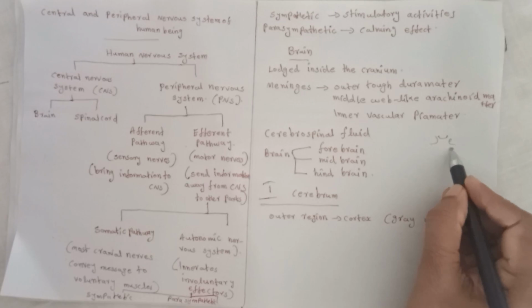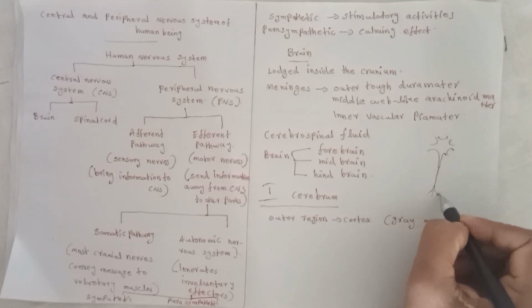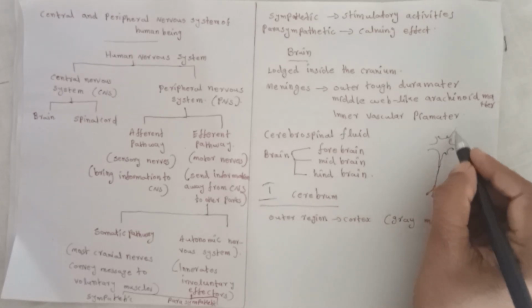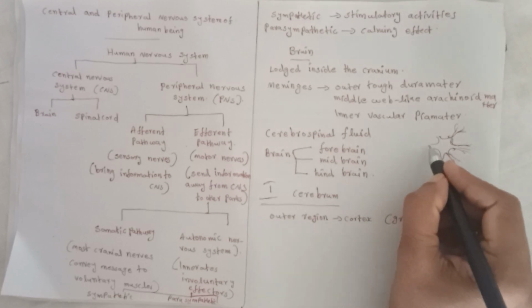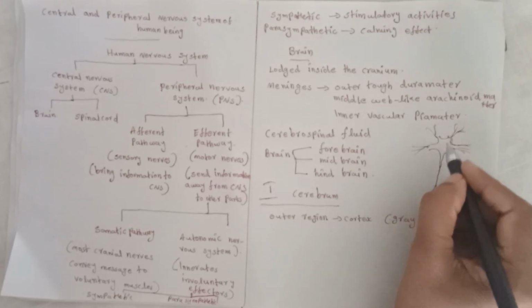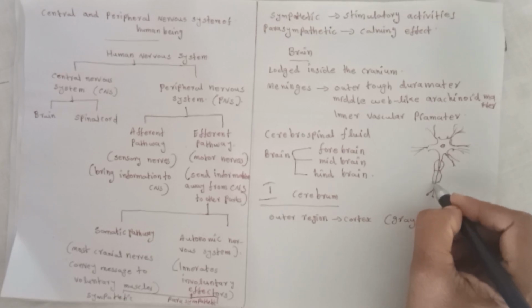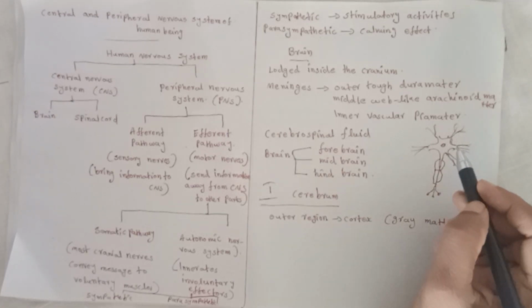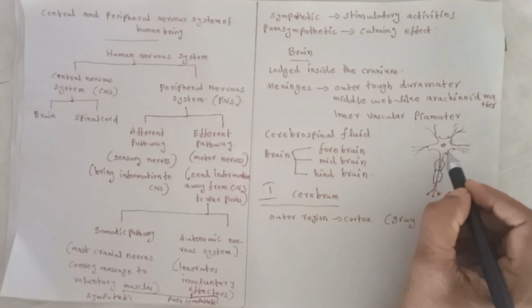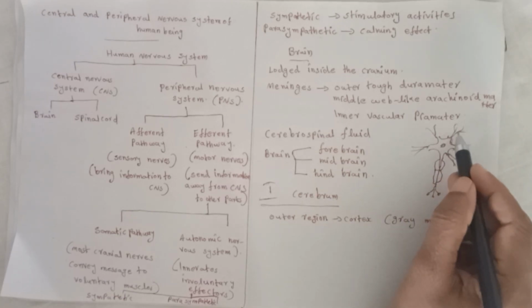Now we will write the parts of a neuron. This is the cell body, the head portion, the cell body with a nucleus and dendrites.